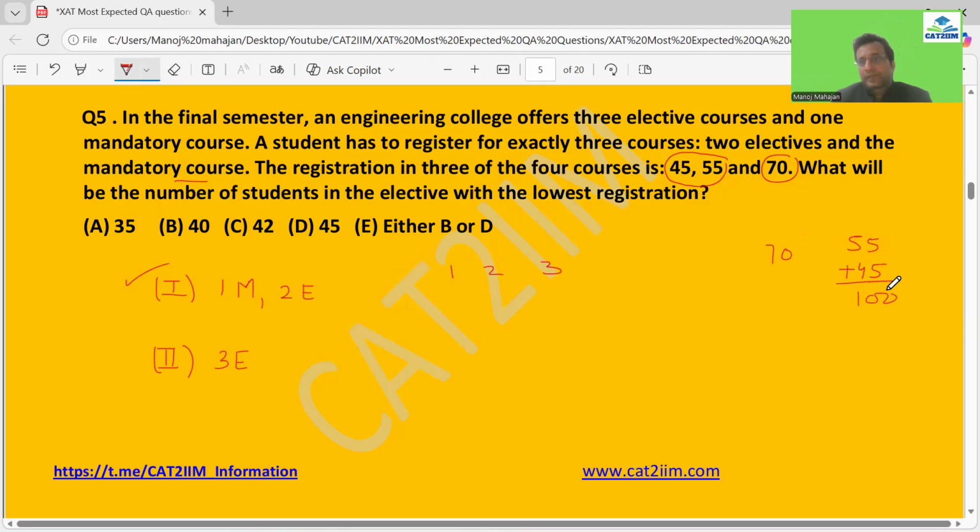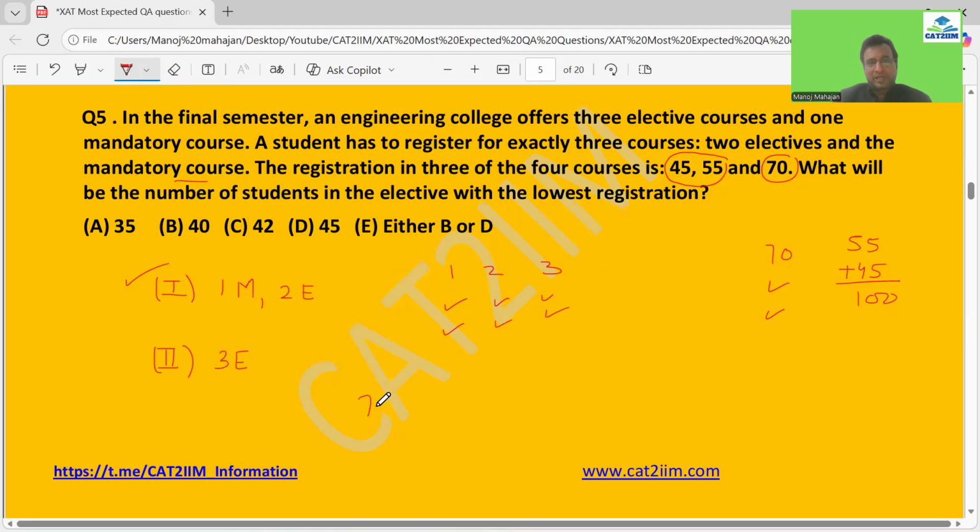100. See, one thing is very sure that every student will have two electives, right? So in that case, we need to have those many registrations also in the three elective courses. So if I count simply over here, the first student has two electives, the second also had two electives, and so on.